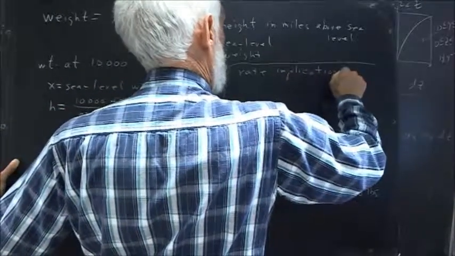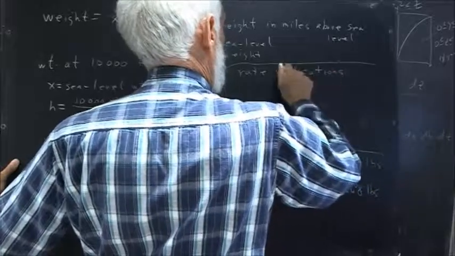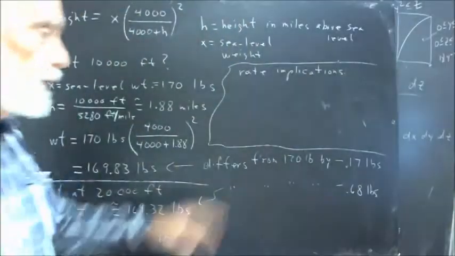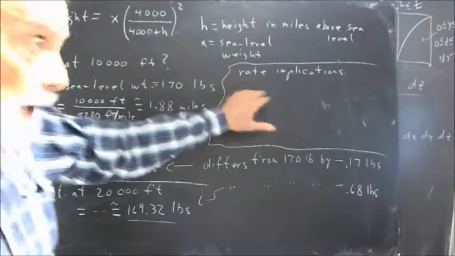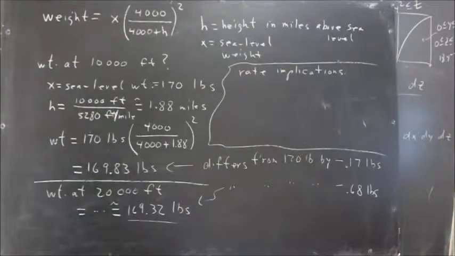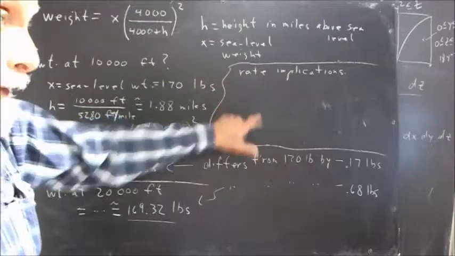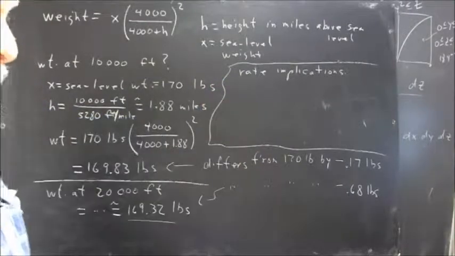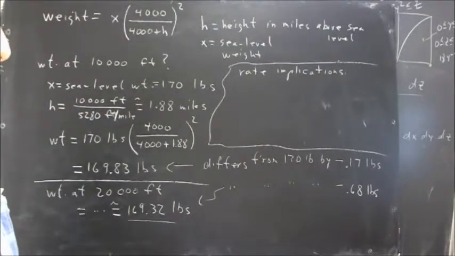The rate implications of these results. I'm going to do that in a separate video, so you can ignore it if you like. But rates are also important in this course, and this will give you a little more insight into rates, and it'll be a fairly short segment, fairly short calculation.